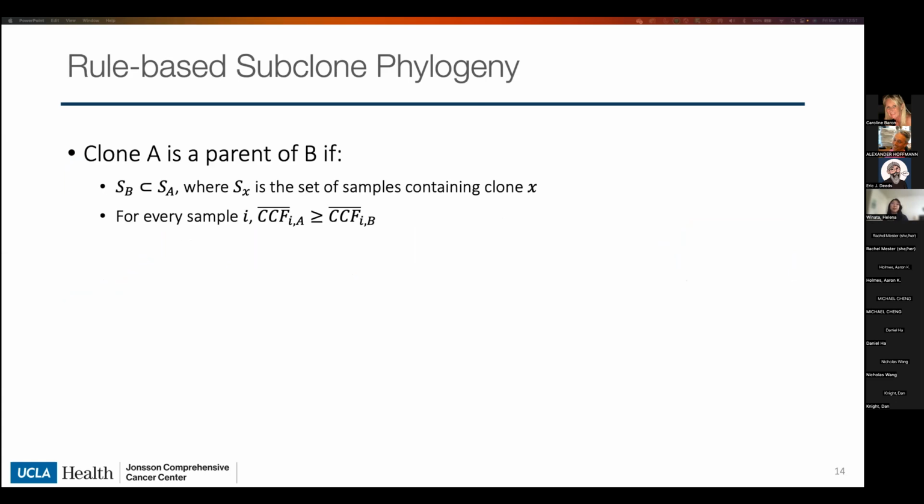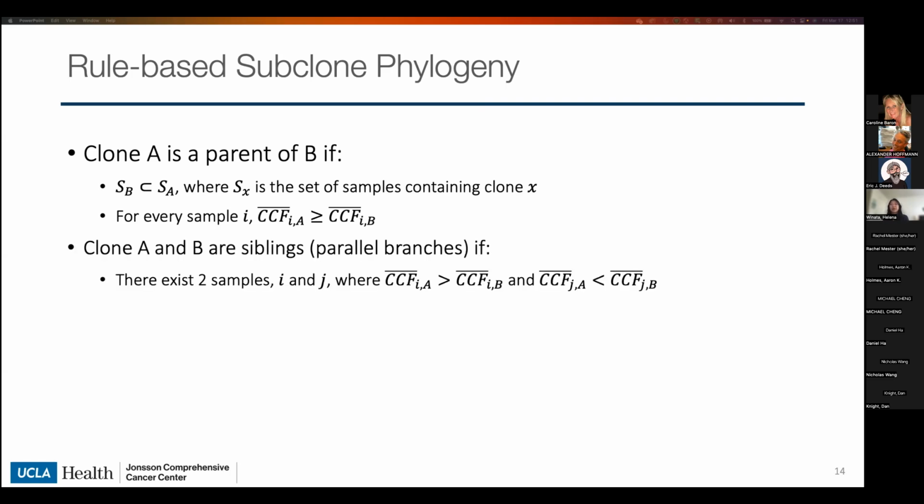For example, clone A is a parent of clone B if for every sample that contains clone B, it also always contains clone A, and in every sample, the average CCF of clone A is greater than clone B. And that is reasonable because if clone B descends from A, that means every single cell that contains the mutations defined in clone B will also have the mutations that are defined in clone A.